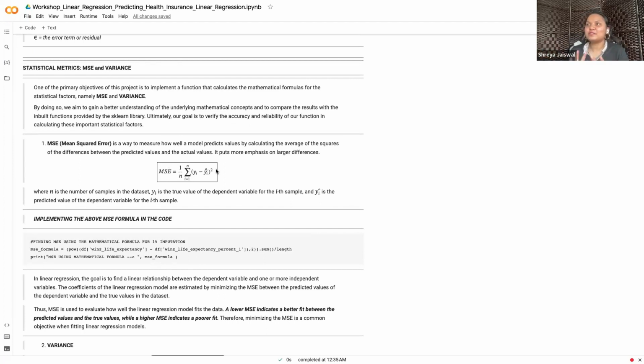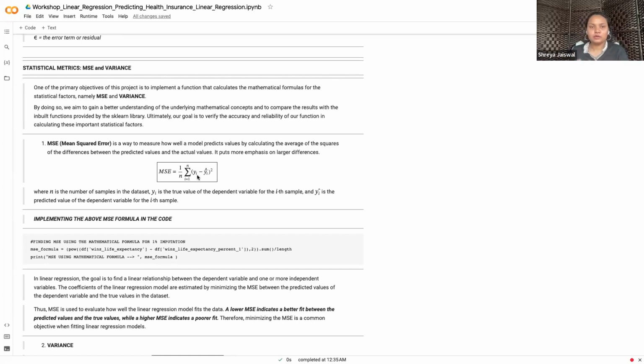Just to make you understand what this equation is, it's not something out of the box. All of us can understand what this particular equation is, right? So when we are predicting anything, there is past data which we take and train a model. Once a model is built, we use a new set of data to check whether what we have trained our model on is predicting the right thing or not.